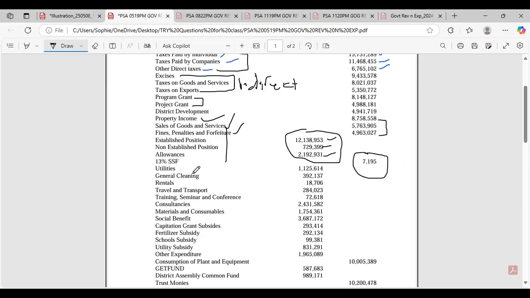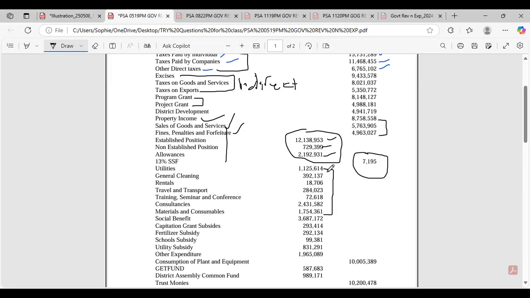Okay, continue. The next one is what? Utilities. General cleaning. Rentals. Travel and transport. Training, seminar, and conference. We have consultancies. Materials and consumables. It's okay.